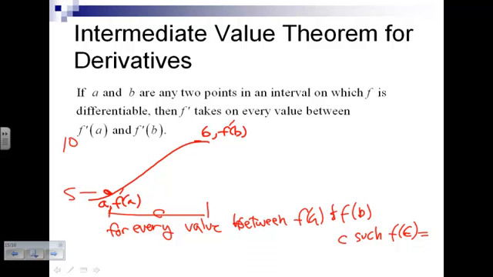If a function goes from a 0 slope to a 1 slope, somewhere in between there, guess what? The slope is going to be 1/2, or 1/4, or 1/3.